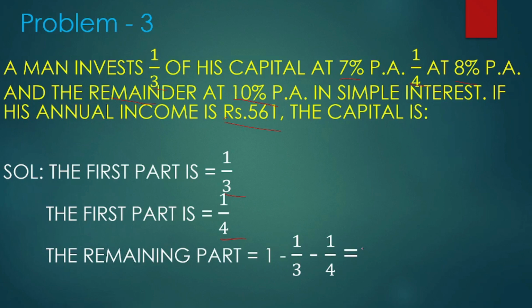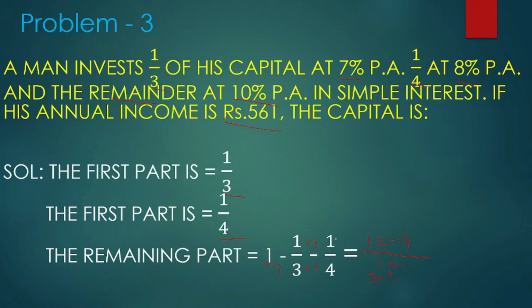So 1 minus 1 by 3, minus 1 by 4. For 3 and 4, the LCM is 3 fours are 12. Here the denominator is 1, so it becomes 12 and the numerator also becomes 12. For the first part, the denominator is multiplied by 4, so the numerator is also multiplied by 4, so minus 4.